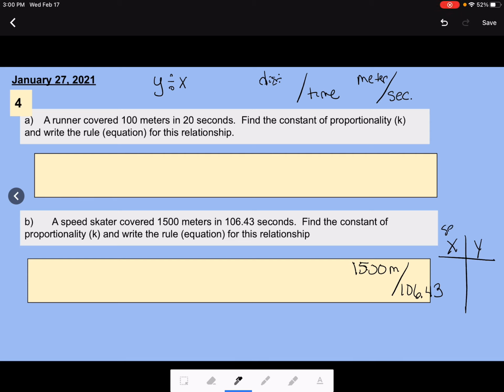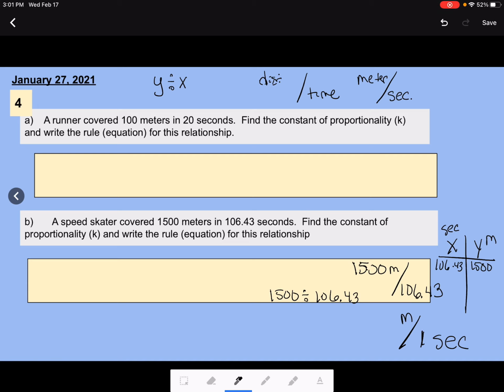So this would be the seconds, 106.43, and this would be the meters. So the way I set it up is the way that we would divide it. 1,500 divided by 106.43, because that's turning the seconds into one. How many meters can this skater travel in 1 second?